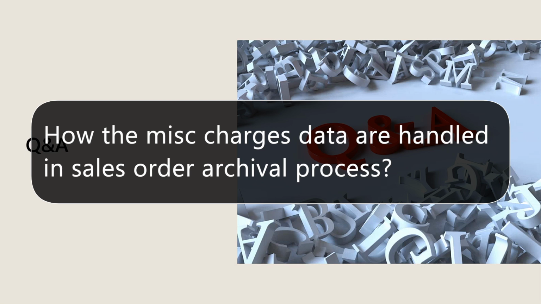If you have a scenario where you are heavy on sales order charges and you want to bring them into data archive, please join us at our next session about how you can plug in either a custom table or any standard table which has not been included in the current scenario.